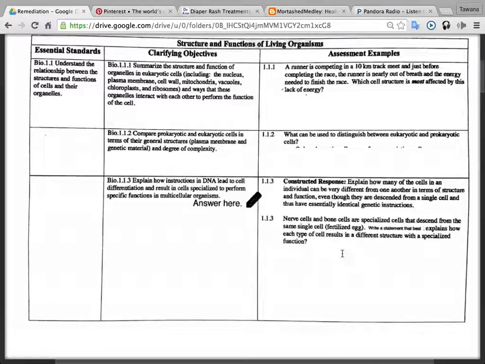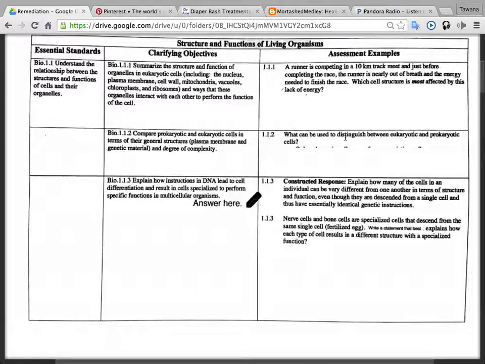What is the most important thing in that sentence? Energy. Underline it. Get up there and underline it. Use the orange so we can see it. Energy is the most important thing there. So now the question says, which cell structure is most affected by this lack of energy? Notice energy is important because it's asking for energy in the question.